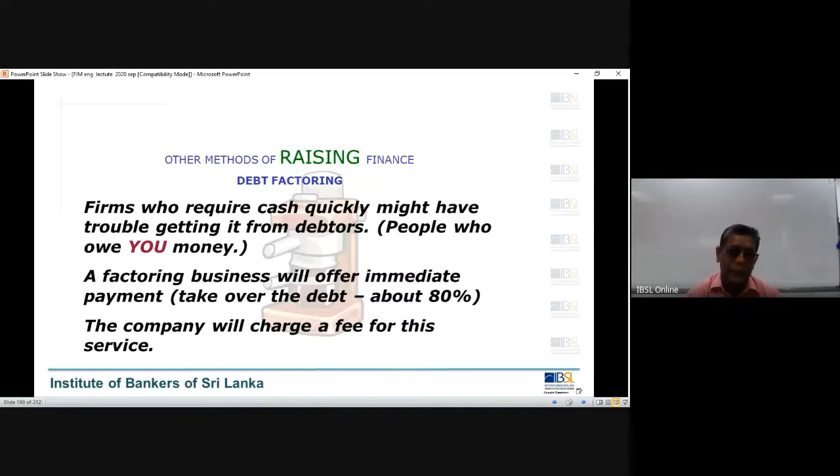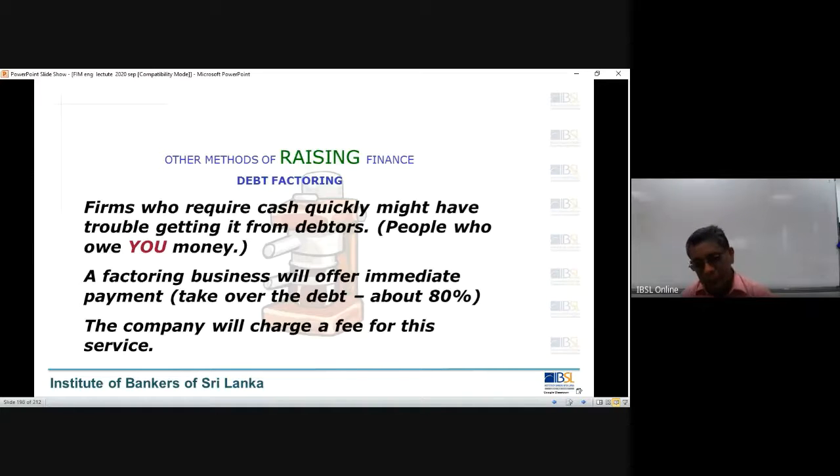Say, for example, the total value of the debtor's invoices is 100,000 rupees. The debt factoring company gives you 80,000 rupees, so you get quick cash.